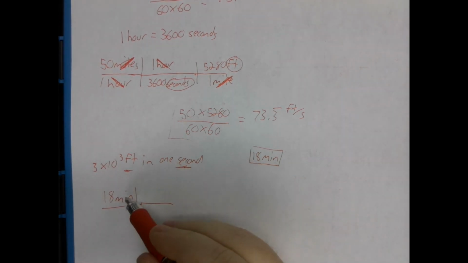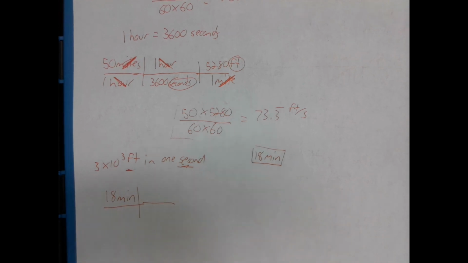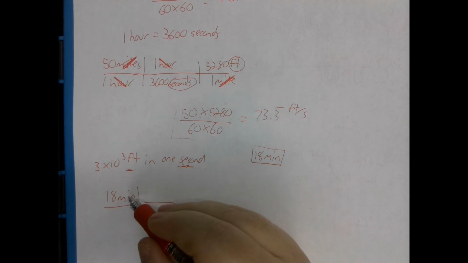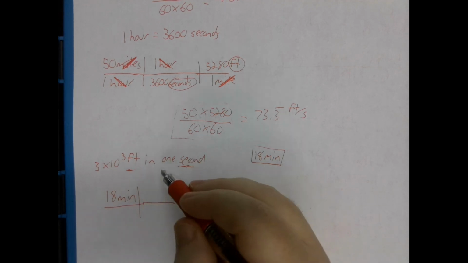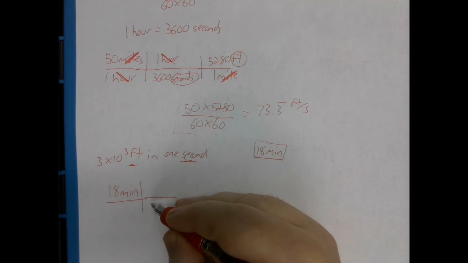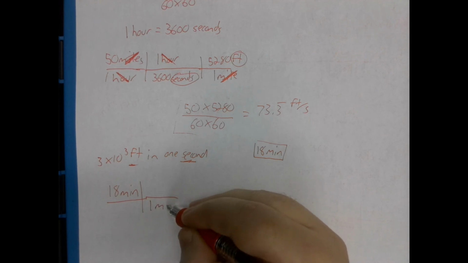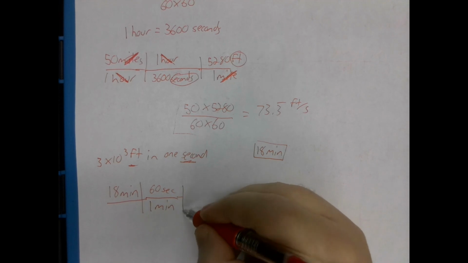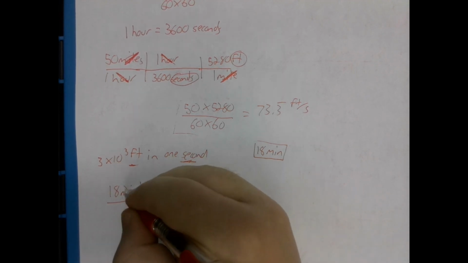We can't use this ratio right now to cancel it out. This is a minute, and this ratio is the second. So I would first begin by converting the minutes into seconds. So 1 minute to 60 seconds. Minutes cancel out, and we're now in seconds.